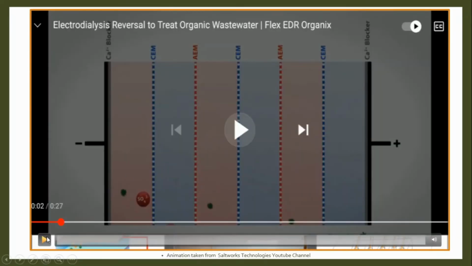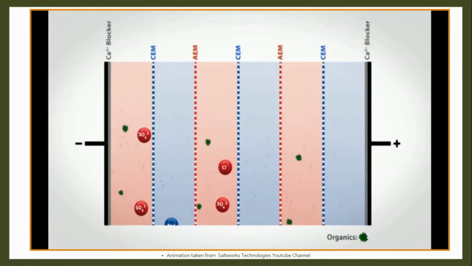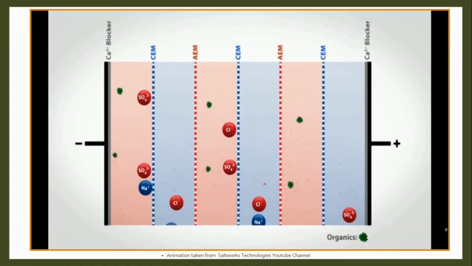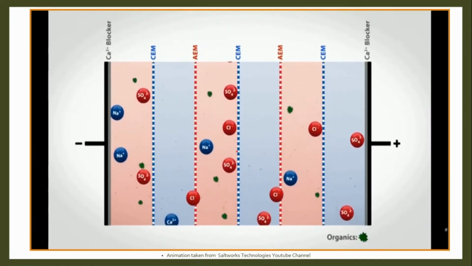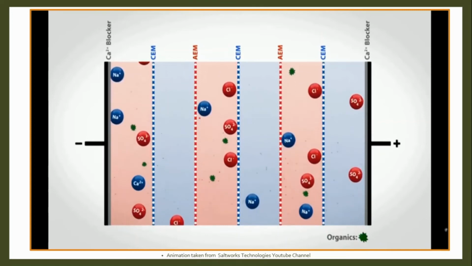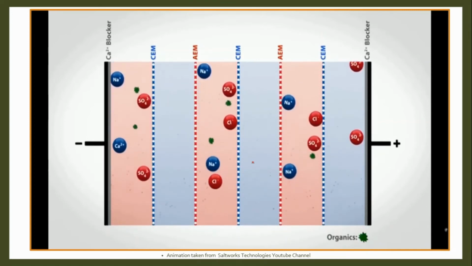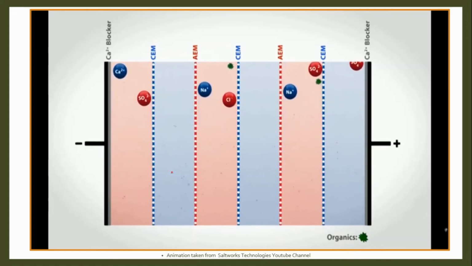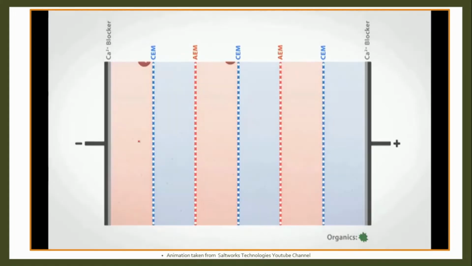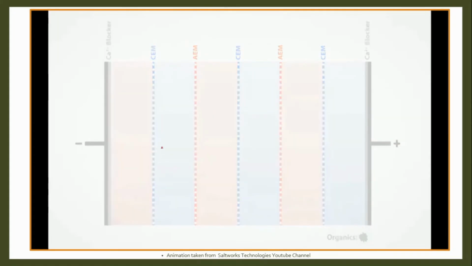I found it on the net, and I thought it is very easy for us to understand using this video. Now focus on cations and anions, what they are doing. They are allowed to pass from here but not from here. So at the end, the blue compartments would be free from those ions, and this pink one will have those cations and anions.